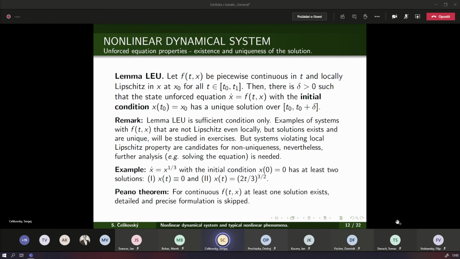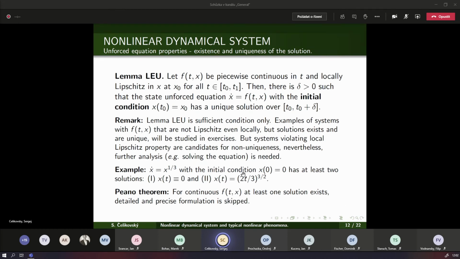But be careful, because we will show you later some example where you can also have cubic roots and so on, and still the solution will be unique. So it's not that you say, okay, the derivative doesn't exist, so it automatically means that there are at least two solutions.